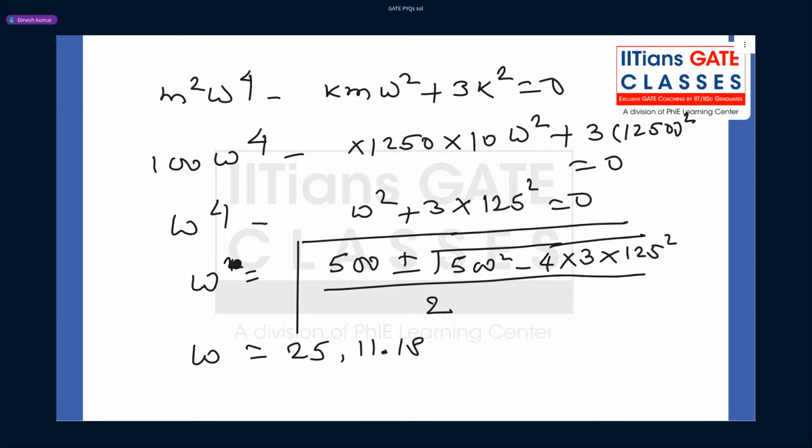So what it is? It is 6k. It is 6 into 1250 into 10 omega square, and here you get 750. Basically here this is a typo.